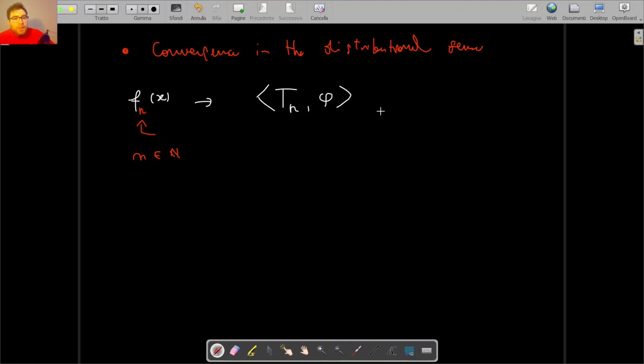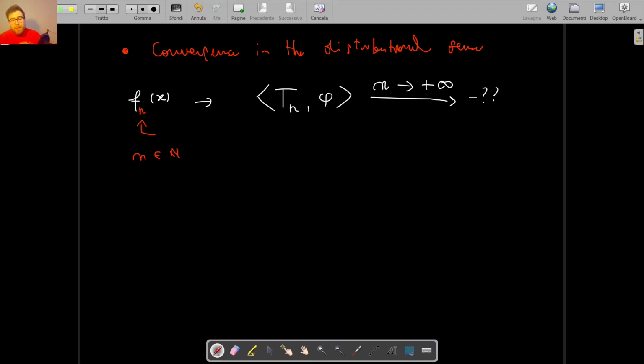Then, since the exercise is asking us to check the convergence, we will consider the limit for n which tends to infinity, and we will have to calculate to which specific distribution this sequence of functions converges.